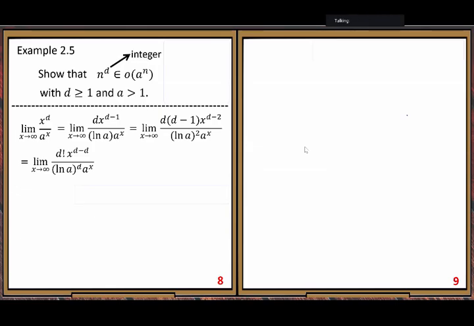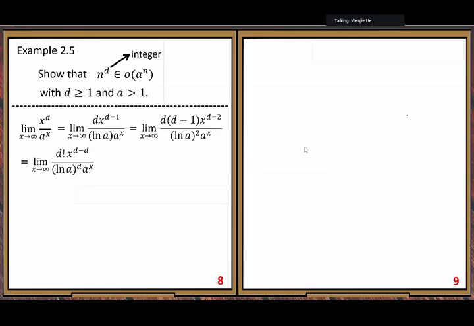The denominator, each time we increment the factor, right? Natural log of A. So that part, we increment the exponent number by 1.